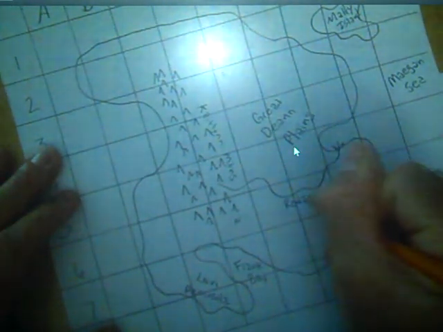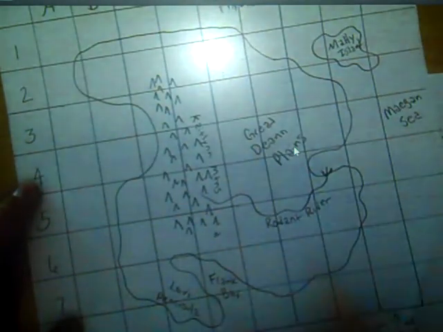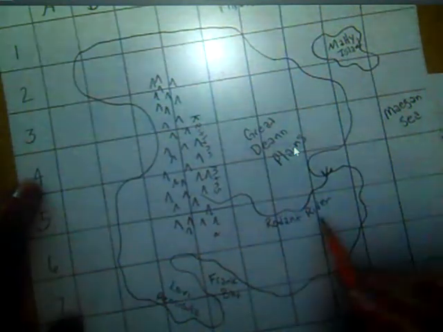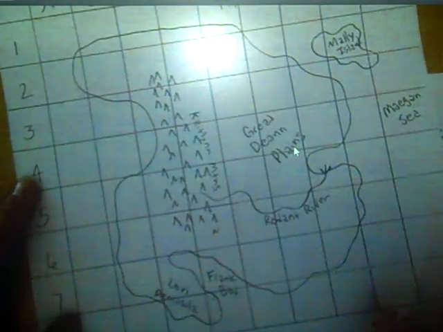So there's my delta. I'm going to name this, I'll be a little creative, Rodent River. So now I have all 3 of my bodies of water. I have a bay, a river, and a sea.